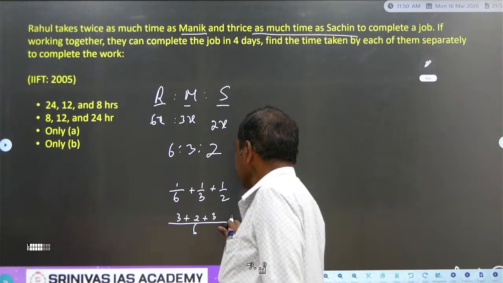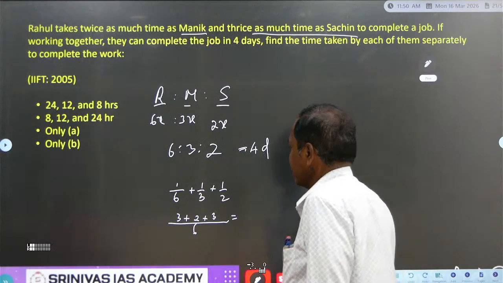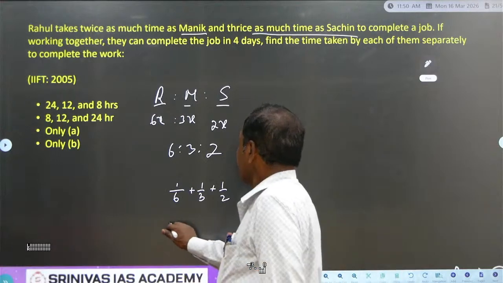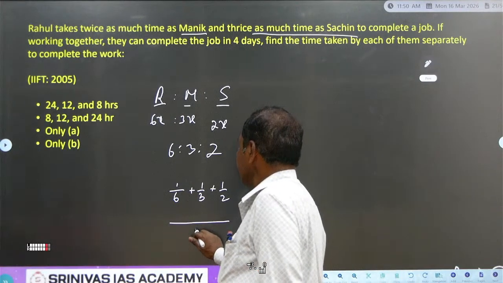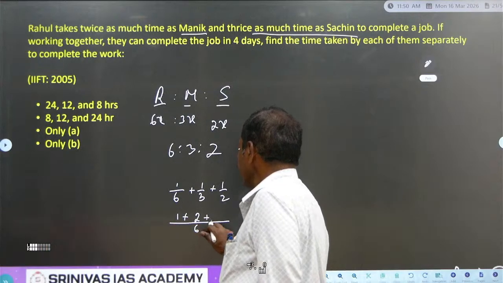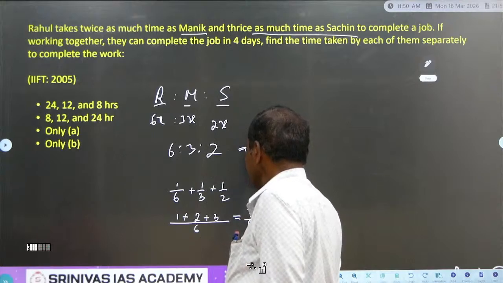LCM 6. 1 plus 2 plus 3, 6 by 6. Yes. See, LCM is what? 6 only. This is 1 plus 2 plus 3, 6/6. Sir, LCM is 6.